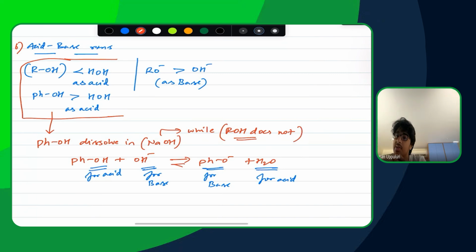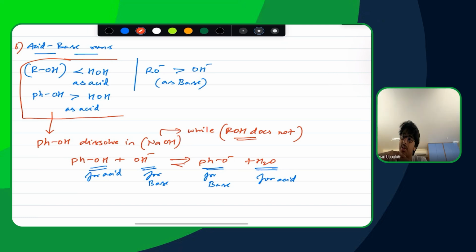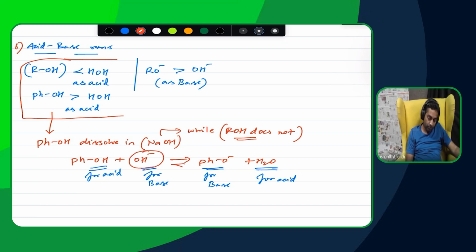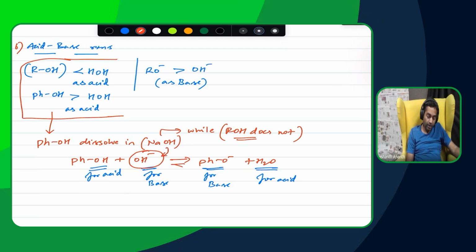Sir, why did you write specifically NaOH? What is the base I'm operatively using here? OH minus. Instead of NaOH, what else can I use? Any other OH minus type base.